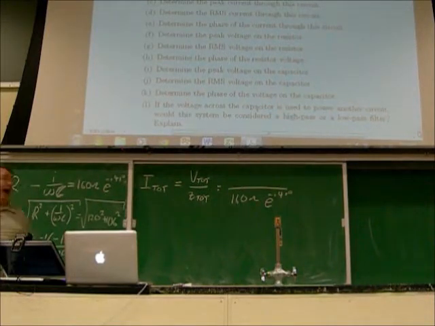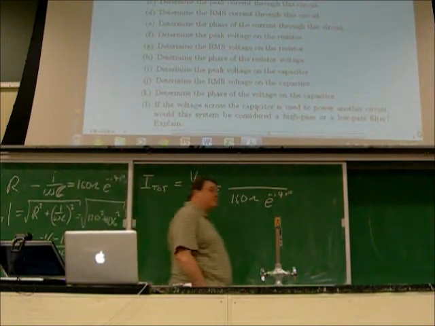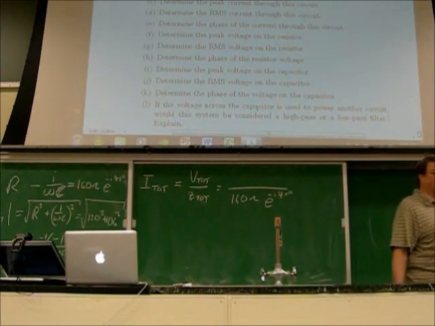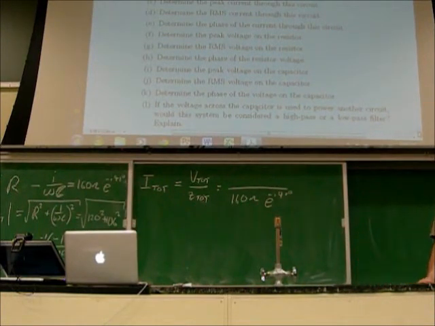So what that means is if I put in a voltage that is the peak voltage of the power supply, I get the peak current of the circuit. If I put in a voltage that is the RMS value of the power supply, then I get the RMS value of the circuit. Which one is bigger, peak or RMS? Peak. And what is the factor between peak and RMS?